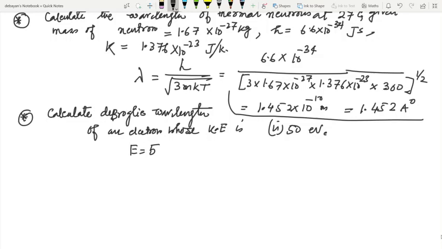An electron volt is 1.6 into 10 to the power minus 19 joule. If you calculate it, you will get the value. So this is one type of problem that you need to know.